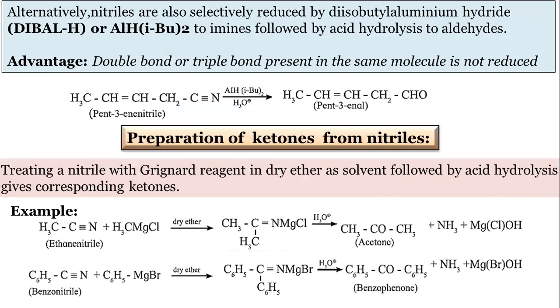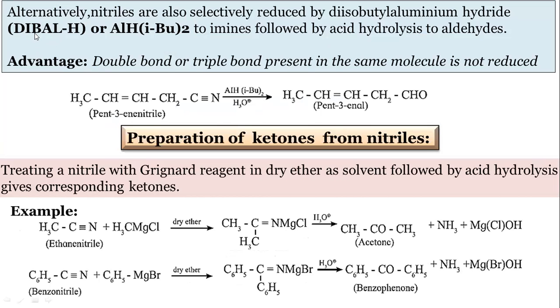In the Stephen reaction, another reducing agent is used, and the name of the very famous reagent is DIBAL-H. This is actually the short form, DIBAL. DIBAL is a short form of diisobutyl aluminum hydride. Remember, D for di, I for isobutyl.